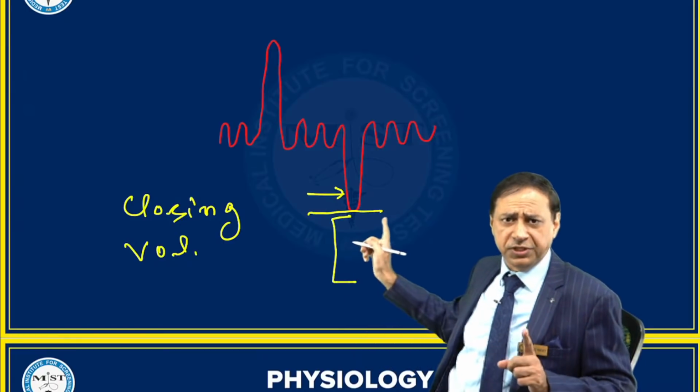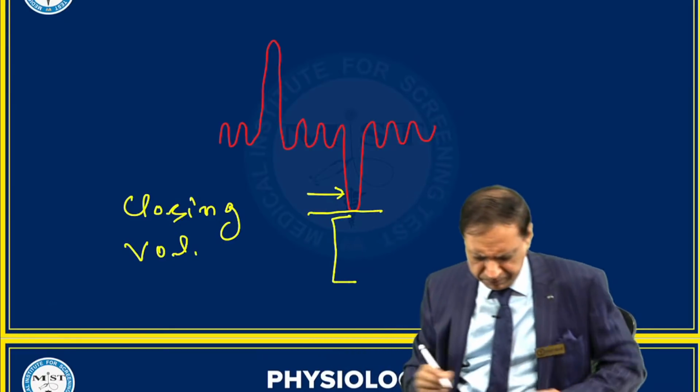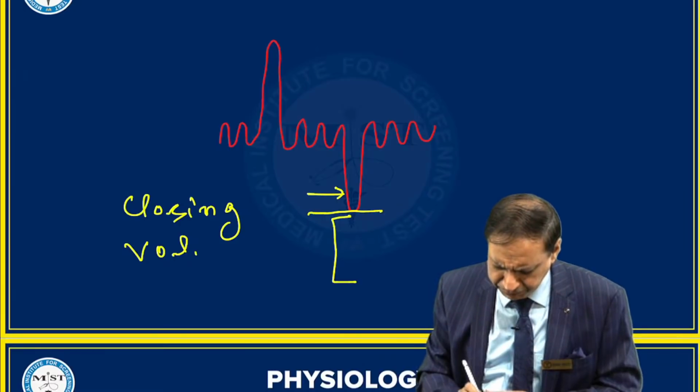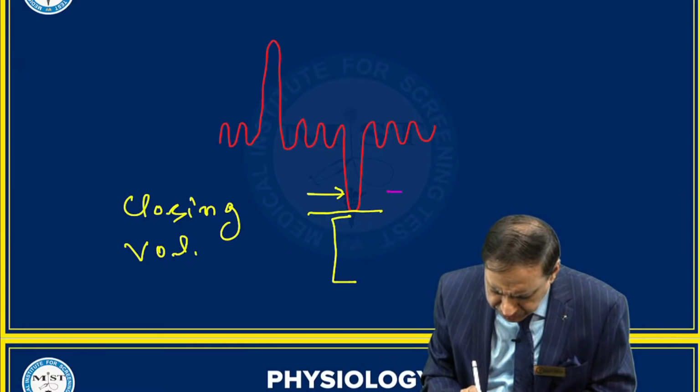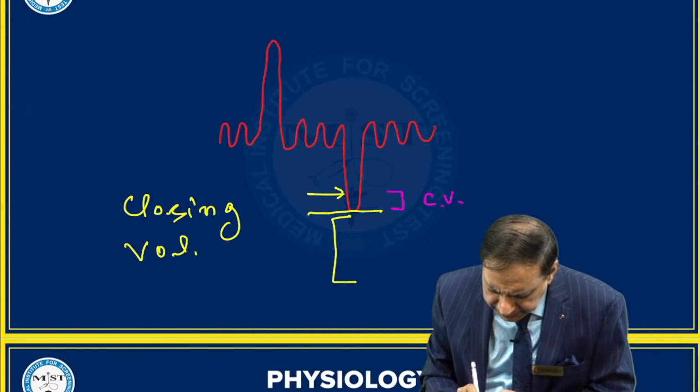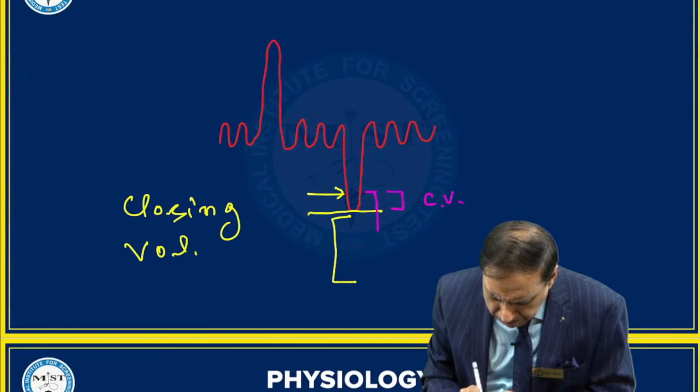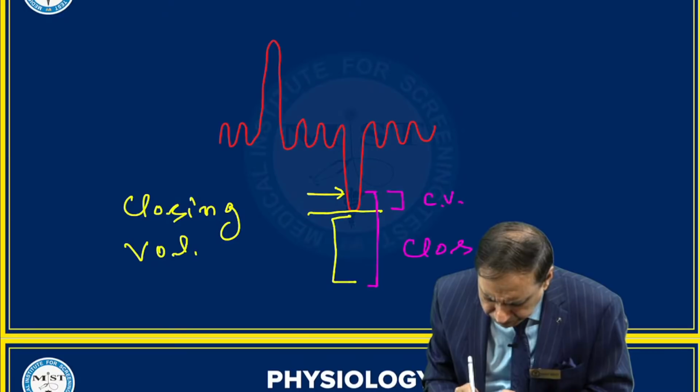So don't be confused related to that. If we become hyper technical, then this is known as closing volume, and this entire thing may be closing capacity. It is a slightly difficult concept.